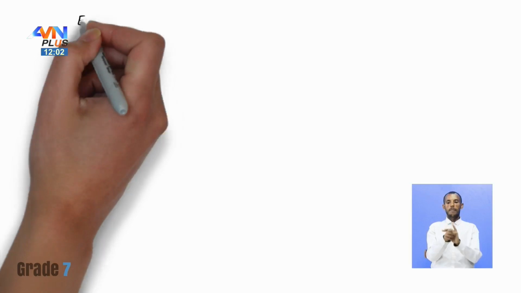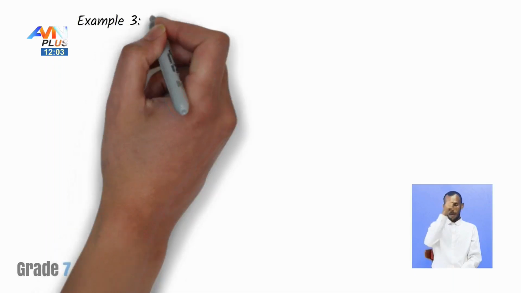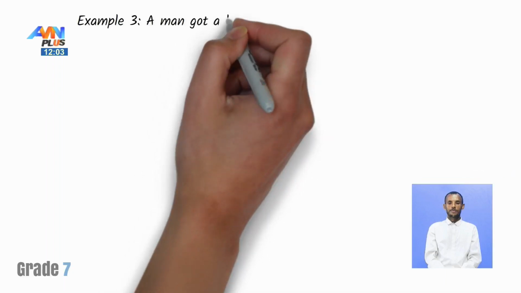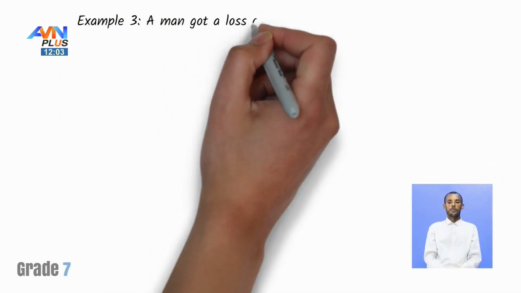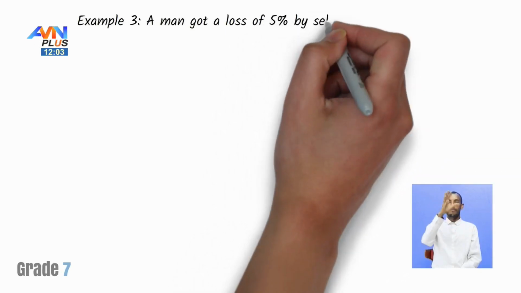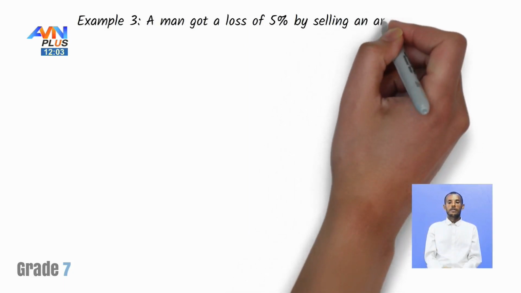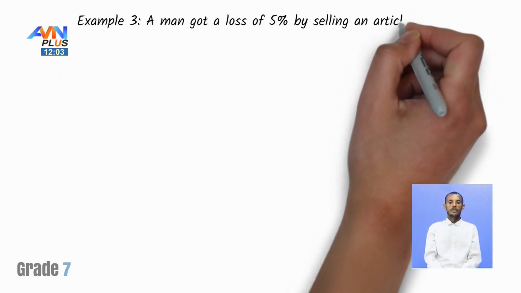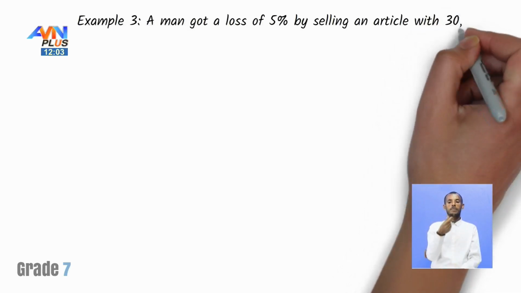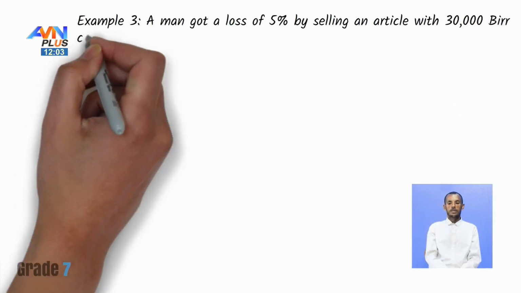Example 3. A man got a loss of 5% by selling an article with 30,000 birr.